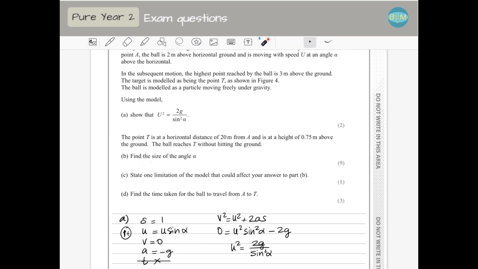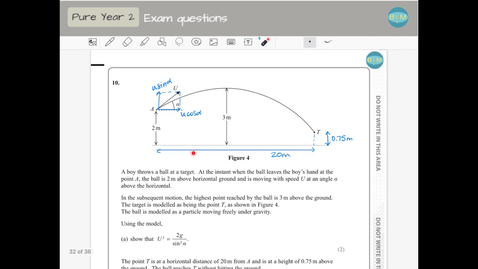As we have the horizontal distance and the vertical distance, we are going to work with both motions, the horizontal and the vertical one. Remember, the horizontal one, when I have projectiles, is constant velocity motion, because I don't have any horizontal forces acting, so the horizontal velocity is constant all the way.